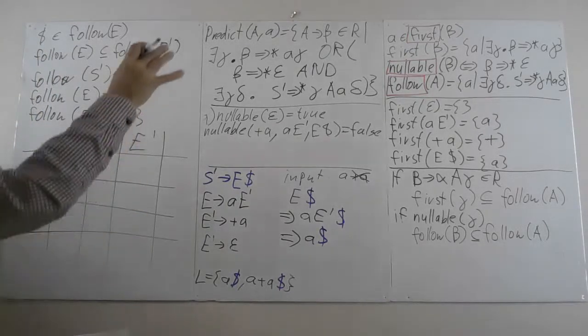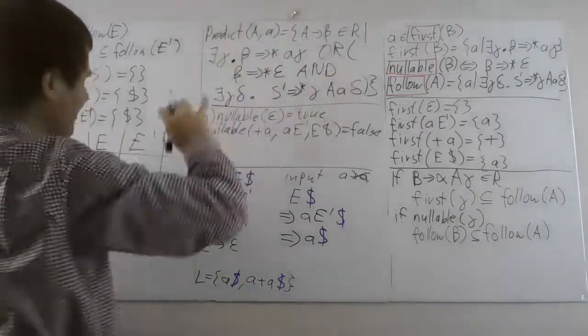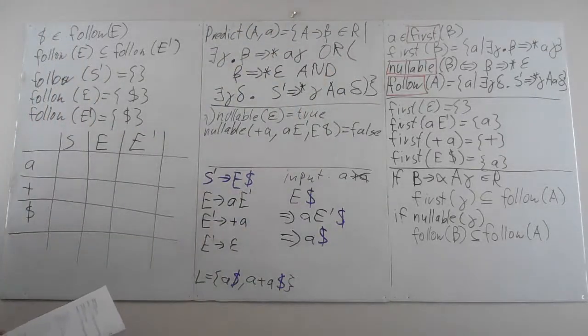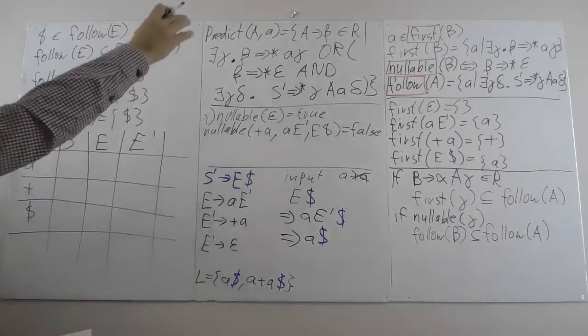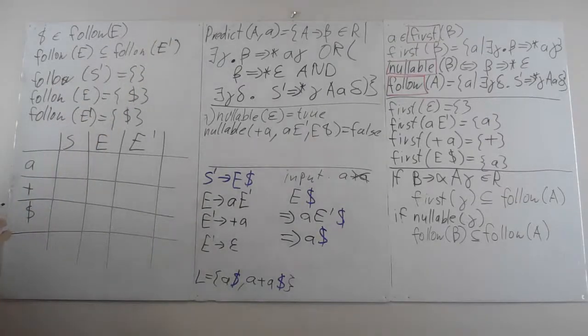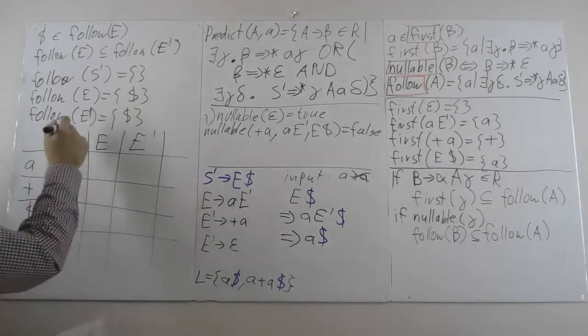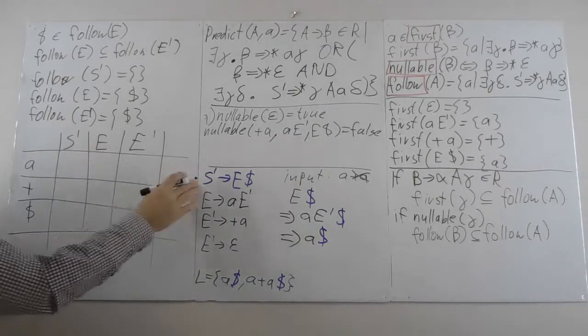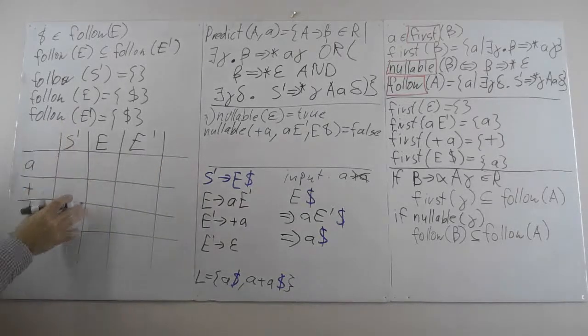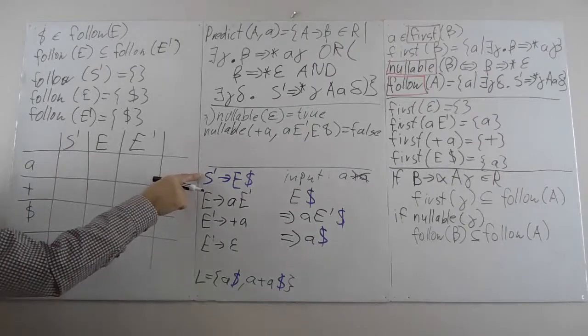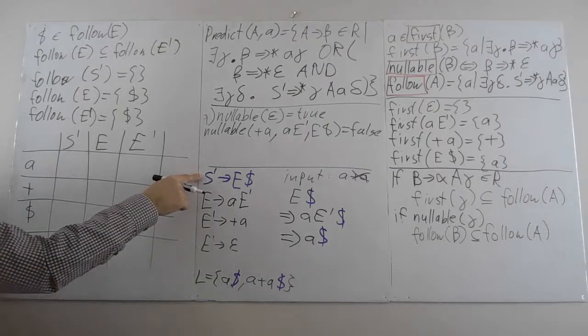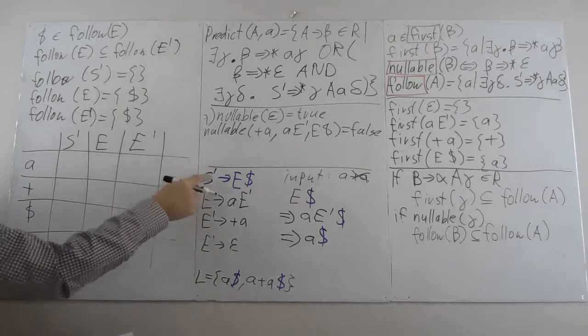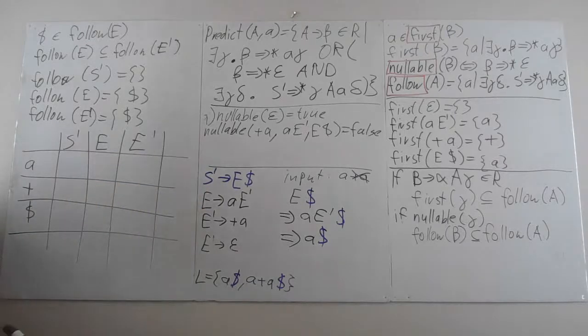Okay, and so you need to follow this formula. So when big A is S, then I guess it's S prime. Sorry. So big A is S. So essentially in this column, you either have this rule or you don't. Okay, because it's the only rule that expands S prime.